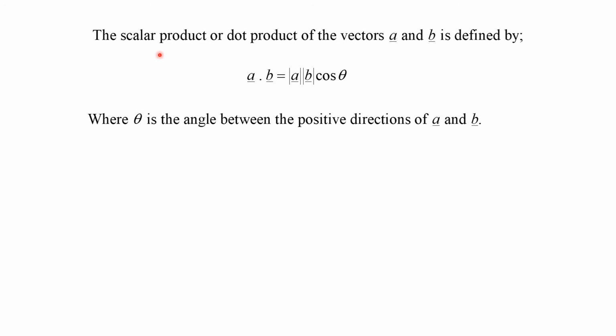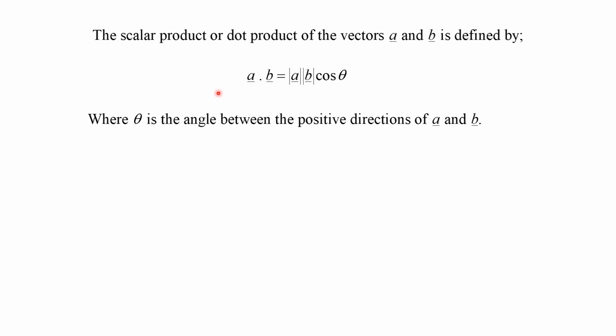Scalar product, or more popularly known as dot product, we have already learned in semester 1. If you're given two vectors, you can identify their scalar product or dot product. And scalar product, to bear in mind, is always a value. So A dot B, more popularly known as dot product, also has another name, which is scalar product.